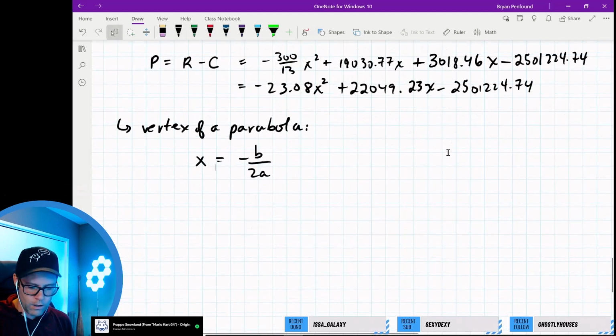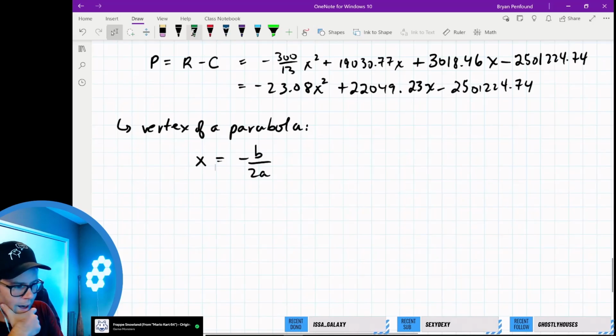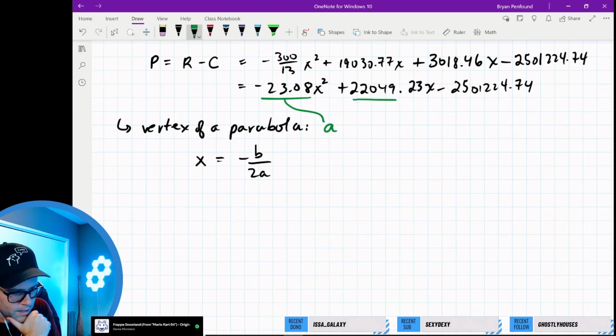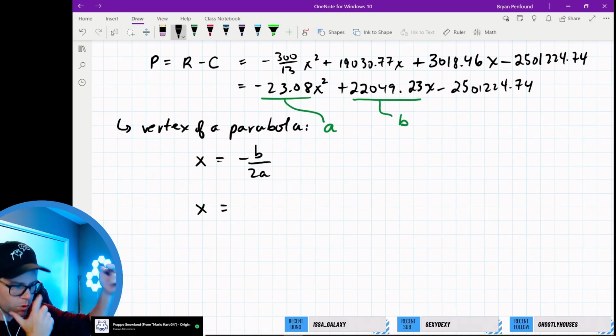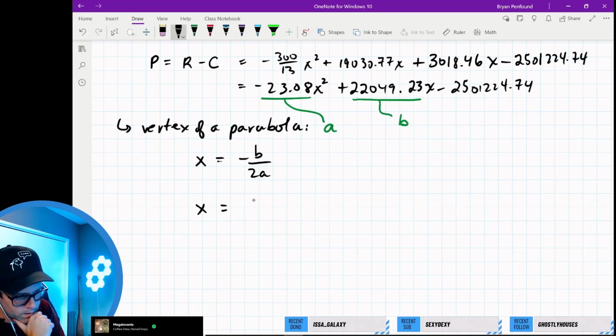So we have this number as our a and this number as our b. So the vertex, or the maximum profit for us, should happen at negative b over 2a. So negative 22,049.23, negative b over 2 times a.